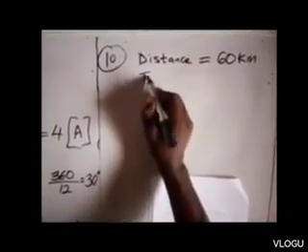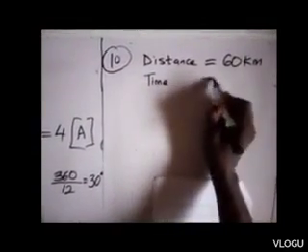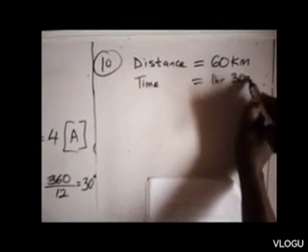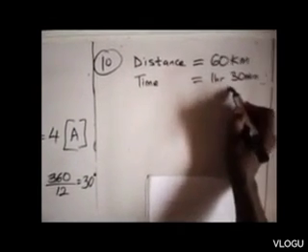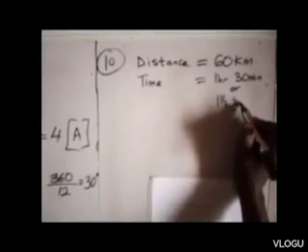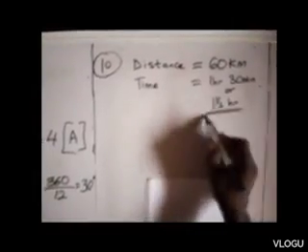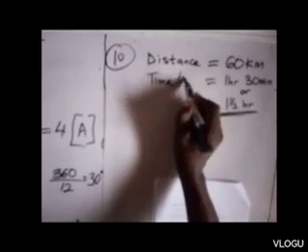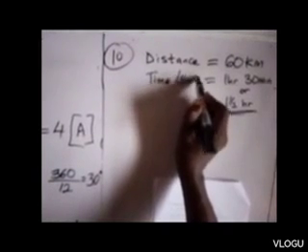So we can say the time or duration is 1 hour 30 minutes, or I can simply say 1.5 hours. I'll prefer to use this since I'm having a very straightforward time. So this could be time, or you can call it duration.